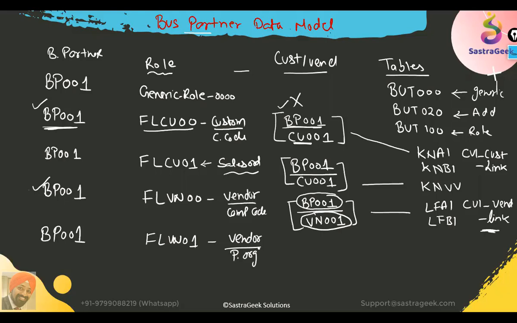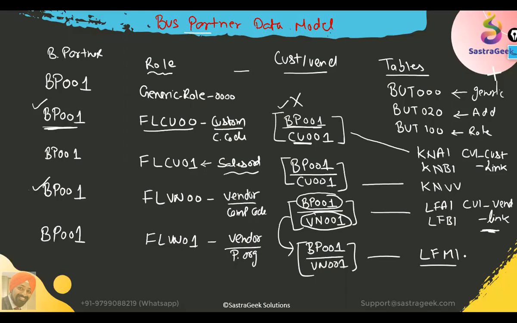Whenever you do this extension of BP001, the vendor has already been created, and only the purchase org data would be extended. So the table, if I remember correctly, is LFVV. The table will get updated in this case. Your purchase org table, LFM1, I think, sorry. So that data would get updated.